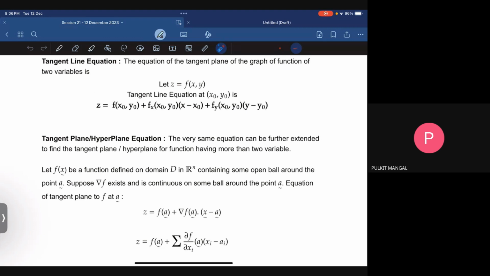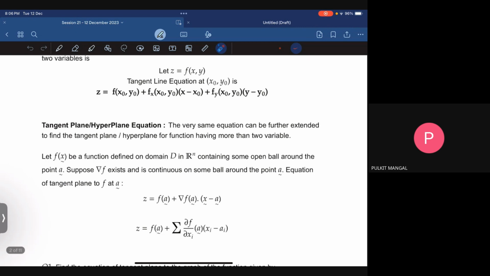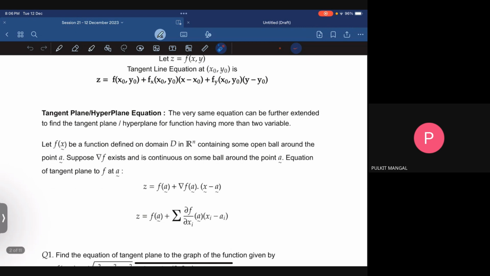While when we have more than two variables, in that case we will get a plane, and as we go to 4 dimensions or greater, it will be a hyperplane. Anything above 3 dimensions we call a hyperplane, because we cannot imagine beyond 3 dimensional space, so we just name them hyperplane equations.